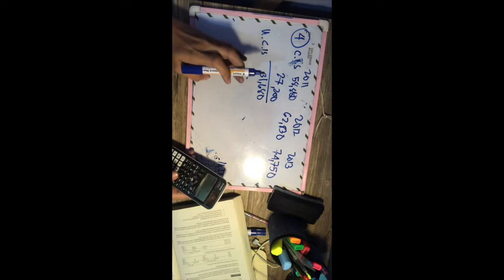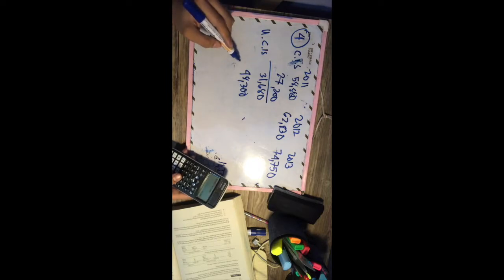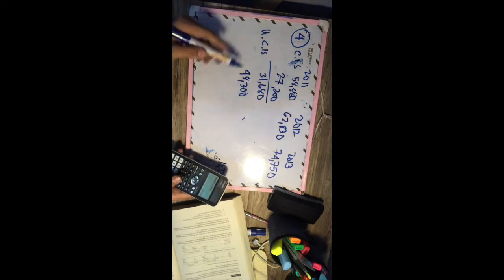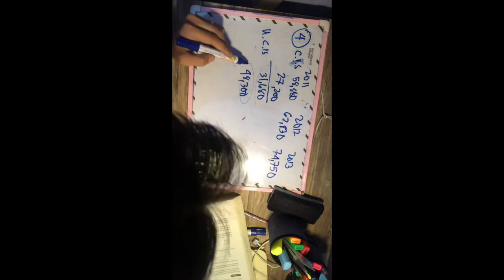So for the 2011, there was a collection of 48,300. As you will notice, the total cost has now been exceeded by the total collection.